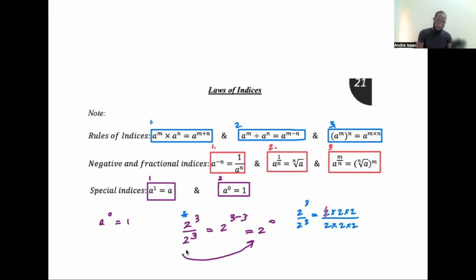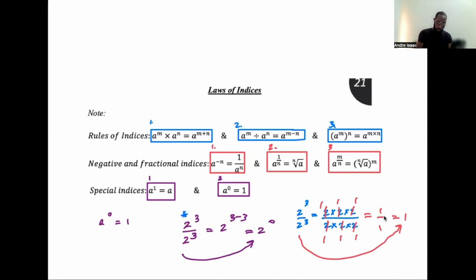And I can cancel out, so 1 times 1 times 1 is 1, and 1 over 1. So I know this is equal to that. The same thing is equal to that. So if this is equal to 2 to the power 0, and this same thing is equal to 1, therefore 2 to the power 0 is equal to 1.